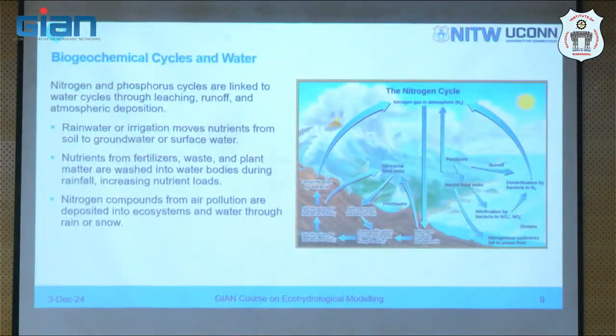So it means that as soon as there is excess phosphorus getting into the freshwater systems, your lakes, your reservoirs, you will start to see an algal bloom. And the opposite is true for oceans. It's really the nitrogen. There are exceptions to that, but generally speaking, that holds true.